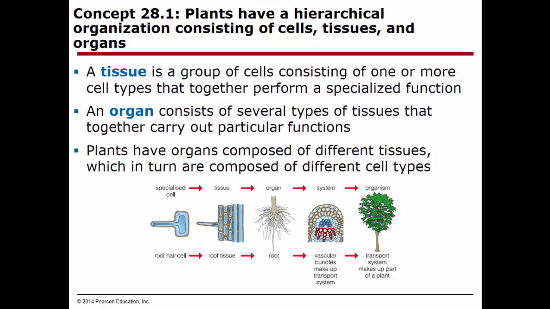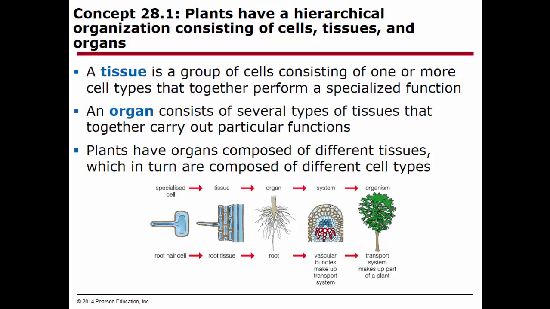Whether you're talking about a plant or an animal, a tissue is a group of cells that consist of one or more cell types, and these cells always work together to perform a specialized function. An organ then consists of several types of tissues that work together to carry out particular functions.